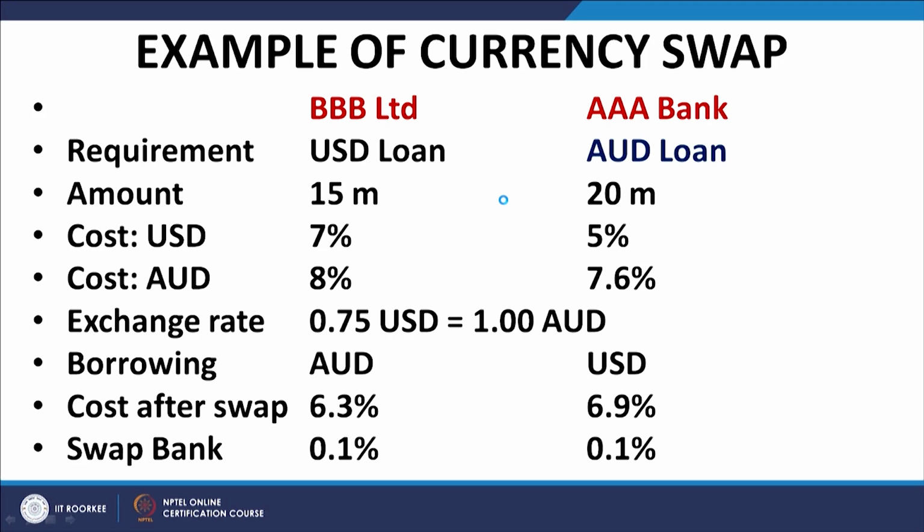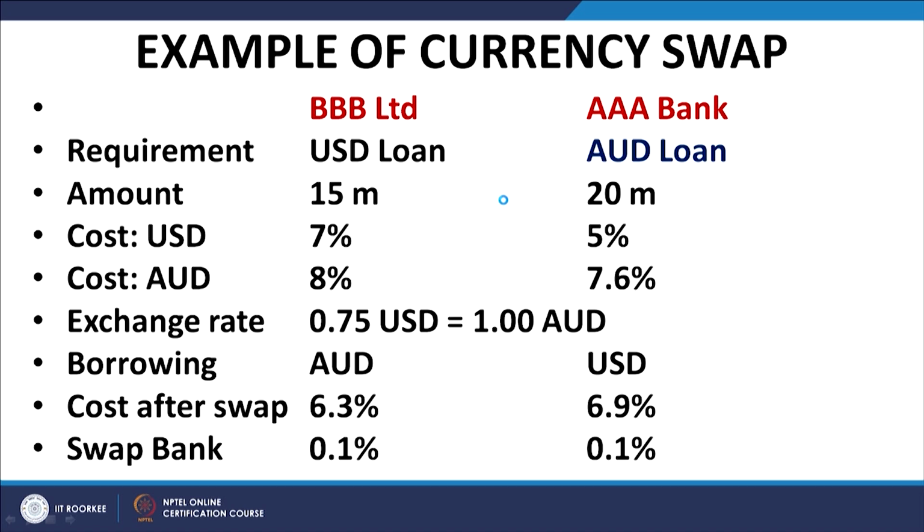So, this is an example where we have two companies, BBB and AAA, and the requirement of BBB is US dollars, the requirement of AAA is Australian dollars. The amount required by BBB is 15 million, the amount required by AAA is 20 million, and the current exchange rate is 0.5 US dollars equal to 1 Australian dollar.